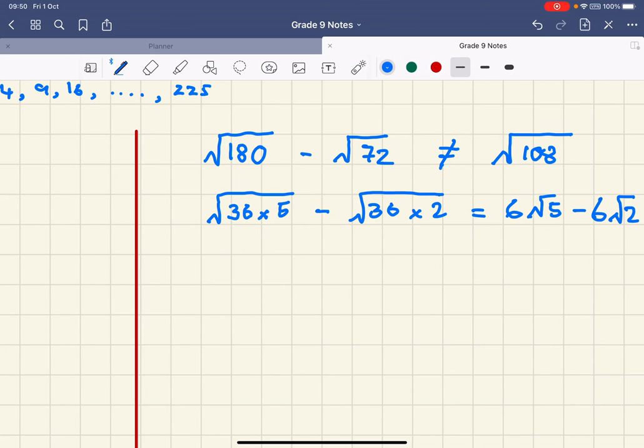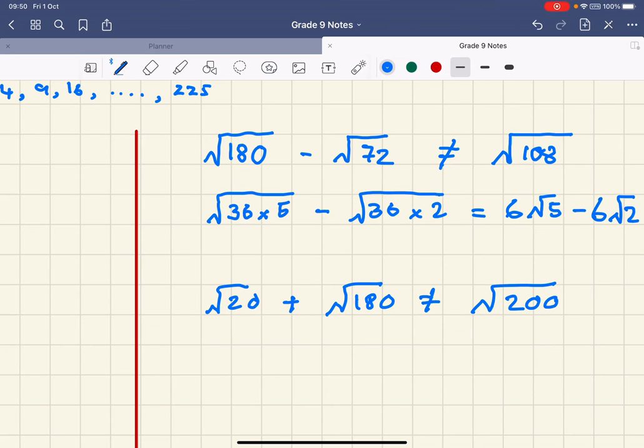However, we could maybe simplify something like this a bit more. The square root of 20 add the square root of 180. Now again, we're not allowed to say that this is the square root of 200.